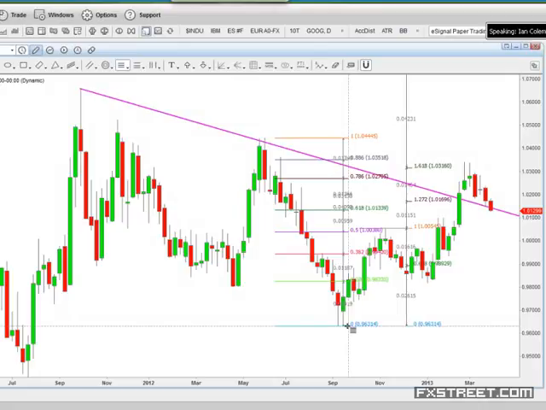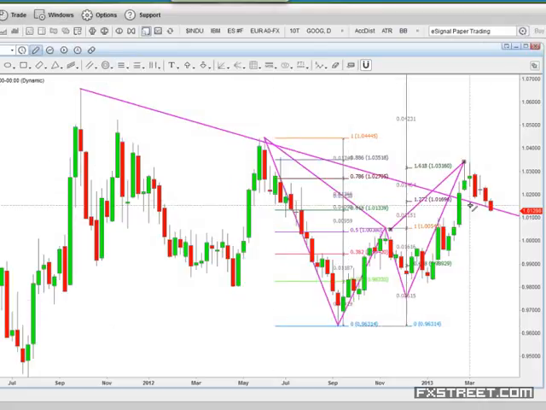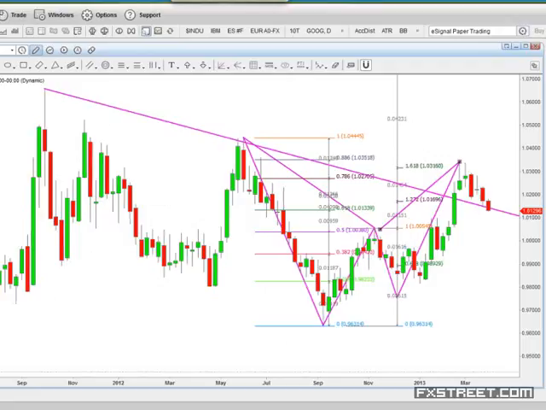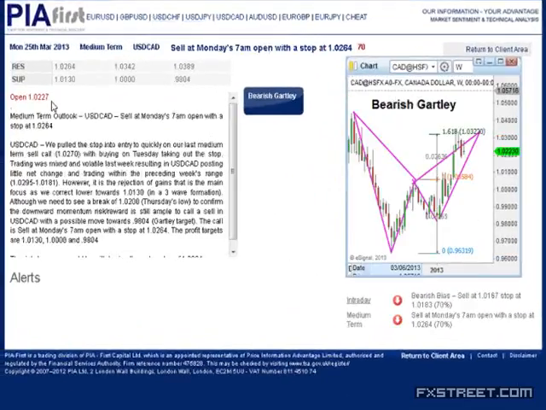So I was quite happy to take shorts around 103.16. Formed an inside bar and then broke to the downside, then came up, rallies were rejected, etc, etc. I'm not quite sure if this is going to fully play out. I mean, I'm still in our medium term analysis. We're short from 102.27.